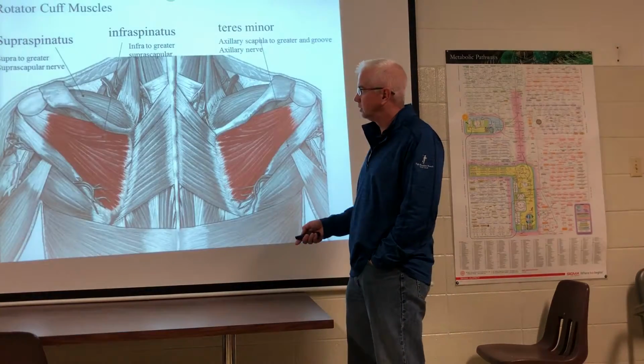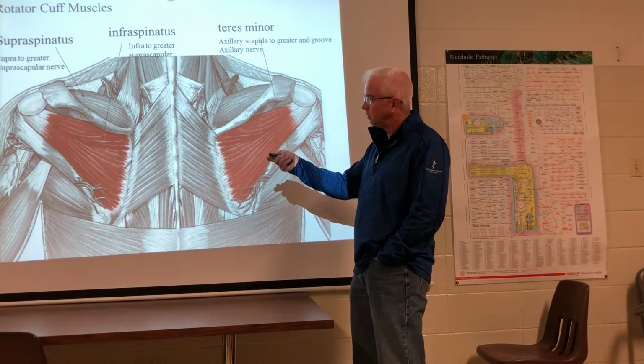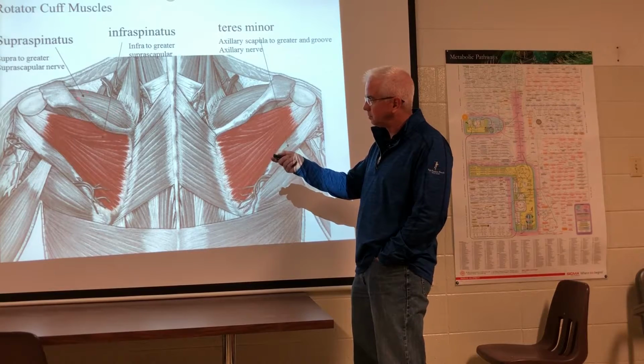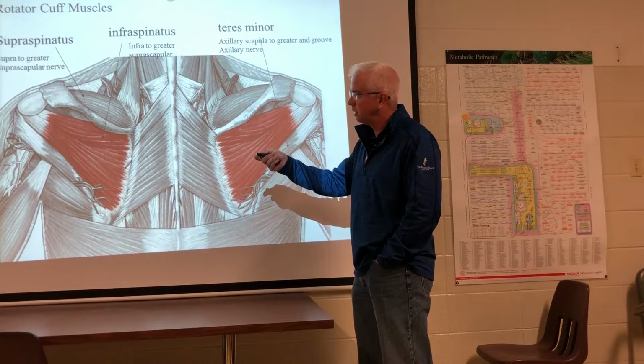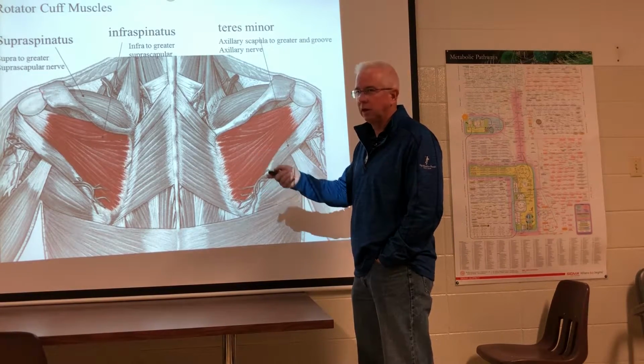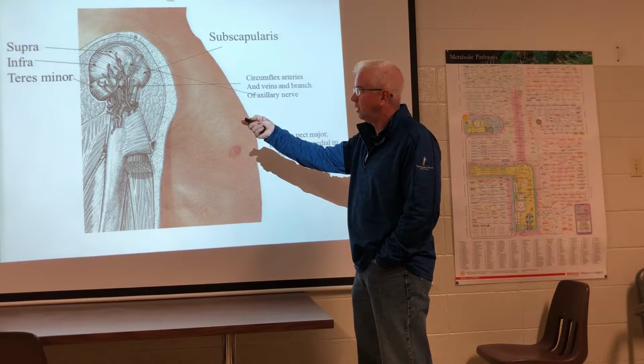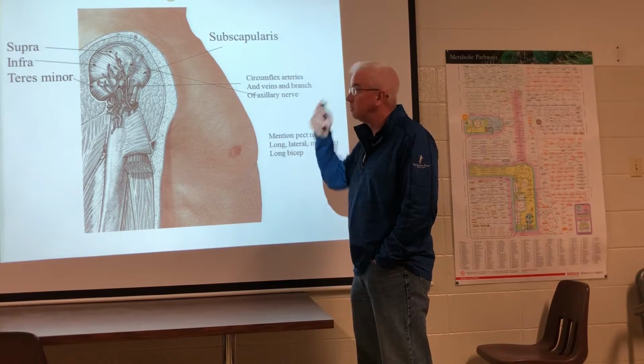I'm going to show you a picture. Here it is right here. The supraspinatus extends beneath the acromion. This is a posterior view, and it attaches to the lateral margin of the greater tubercle.